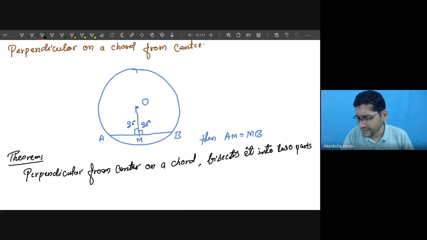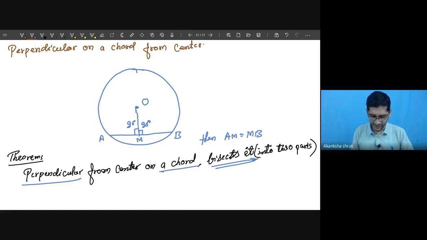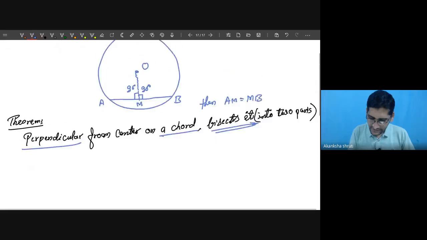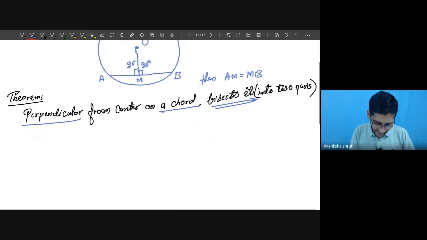Okay, bisect simply means it is dividing it into two equal parts. So what is given here? We have constructed the perpendicular from the center over a chord. Then we have to prove it is bisecting. Okay. So student, this proof is sometimes also asked.